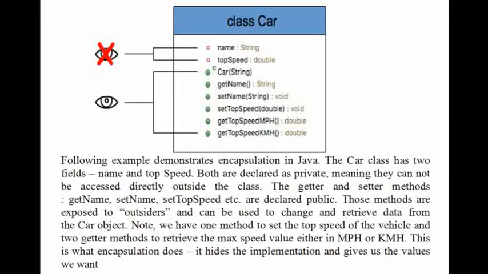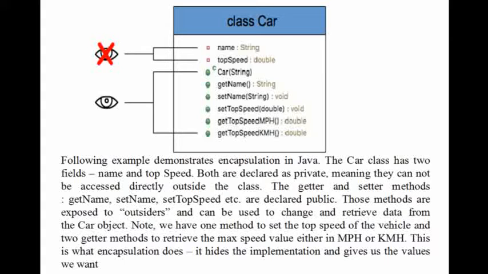Okay, now this picture demonstrates encapsulation in Java. This is a car class, which has two fields or variables called name and top speed. Both are declared as private, meaning they cannot be accessed directly outside the class.